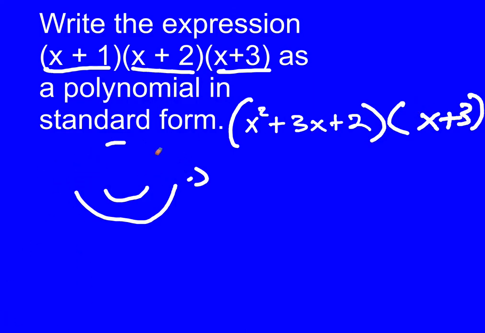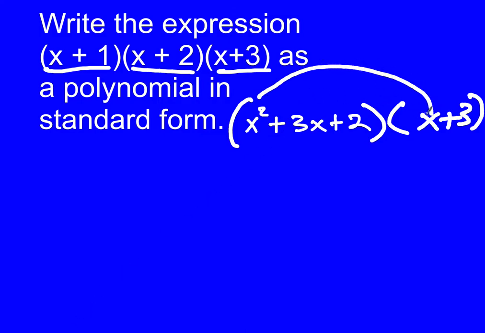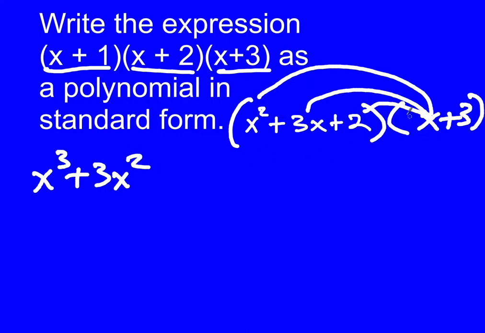So the way I would suggest doing this is multiply x times all three terms. 1, 2, 3. x times x squared gives you x cubed. x times 3x gives you 3x squared. x times 2 gives you 2x. And now let's multiply 3 times all three terms.